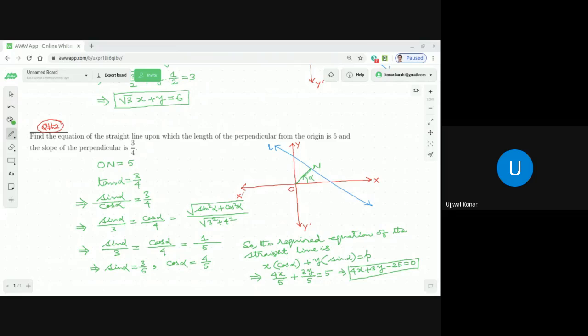Slope, intercept on the x-axis, intercept on the y-axis, and the length of the perpendicular from the origin. Let's discuss one by one. So what is the general form? That will be the topic of our discussion.